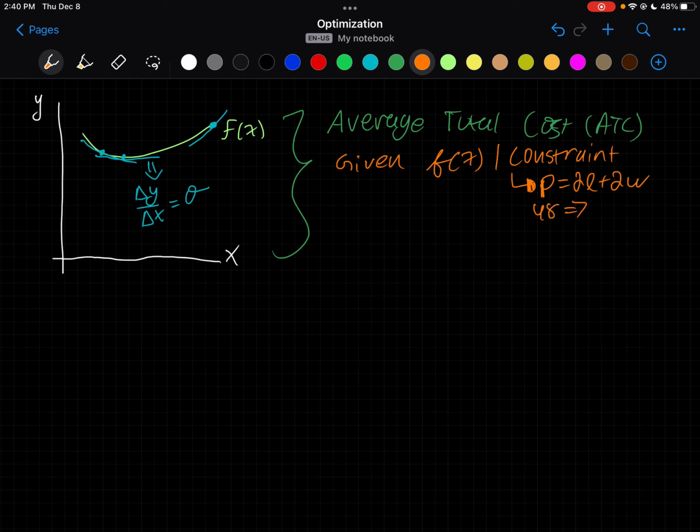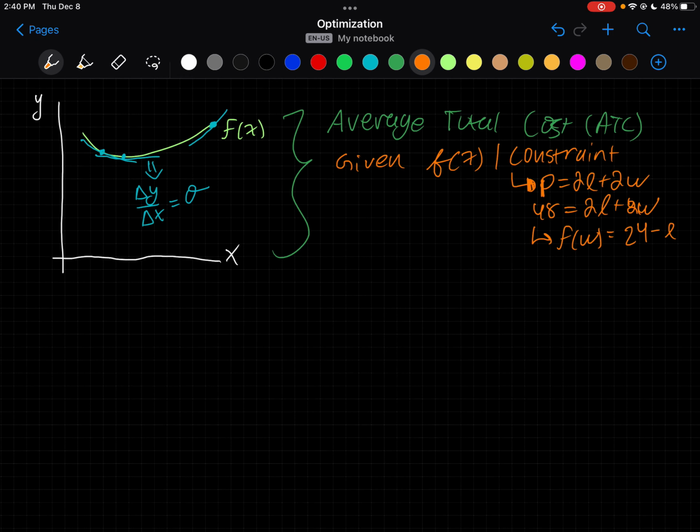And so you can very easily isolate for one of them. Let's say we're doing width. The function with width would be 48 minus 2L, divided by 2, so it's going to be 24 minus L. And we can very easily find the derivative of that.